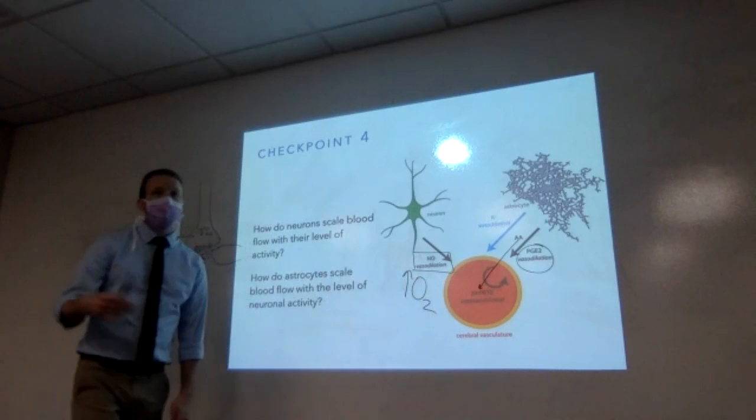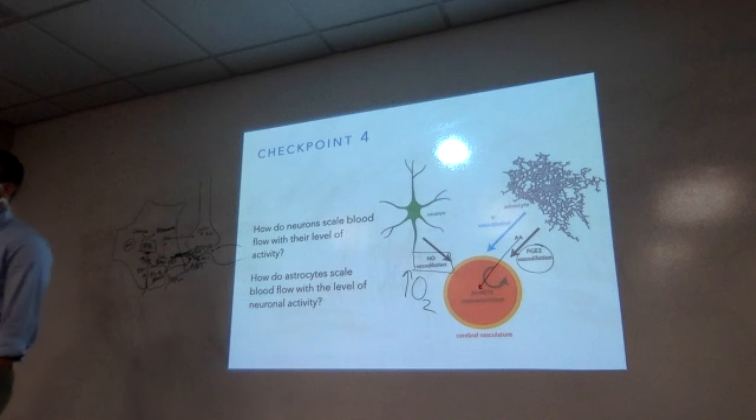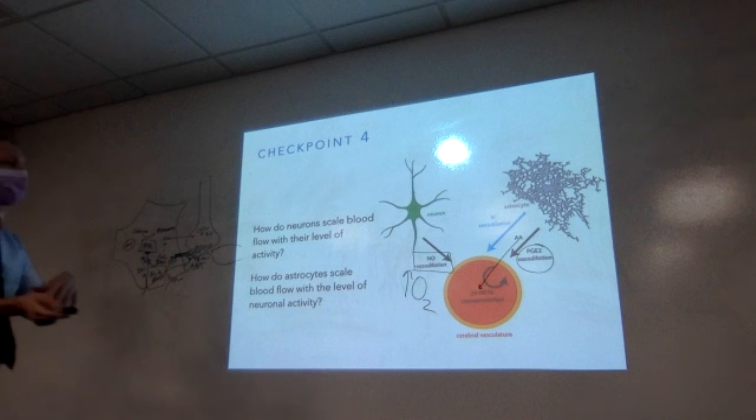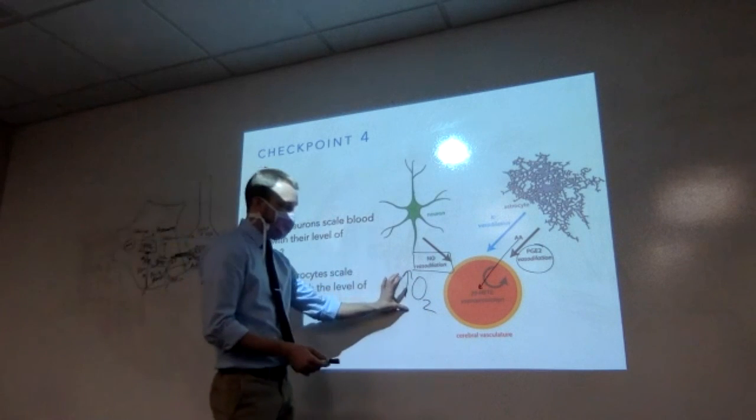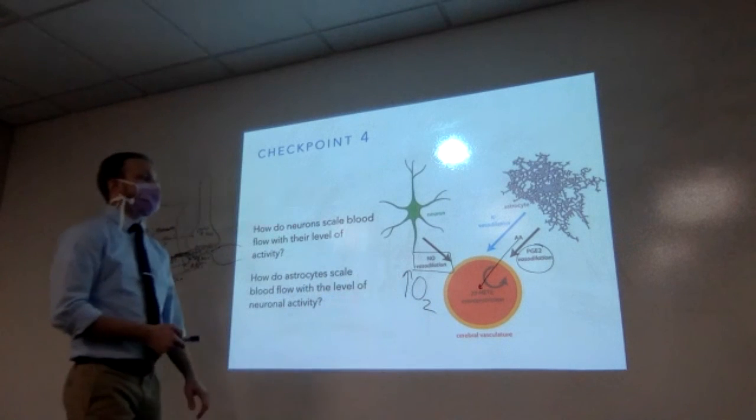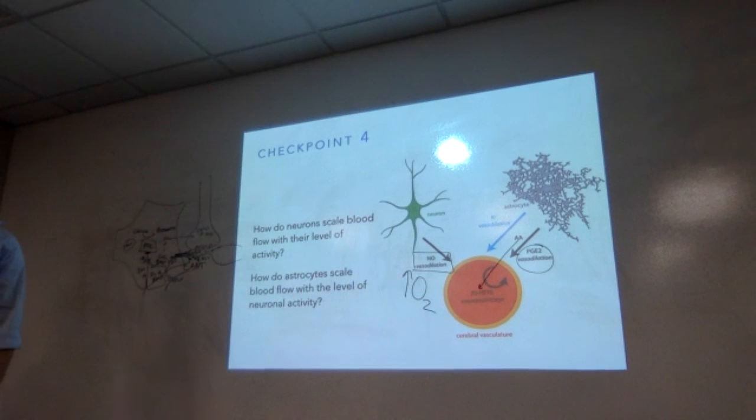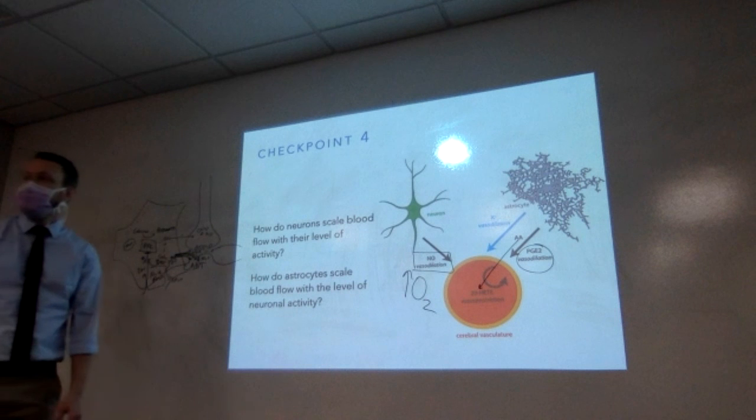You might think we're going to see a decrease in oxygen because it's more active. No. What we're actually going to see is an increase. We're going to overwhelm that area with oxygen. So we'll actually see an increase in oxygenation in active areas, if there's an overt change in blood flow.